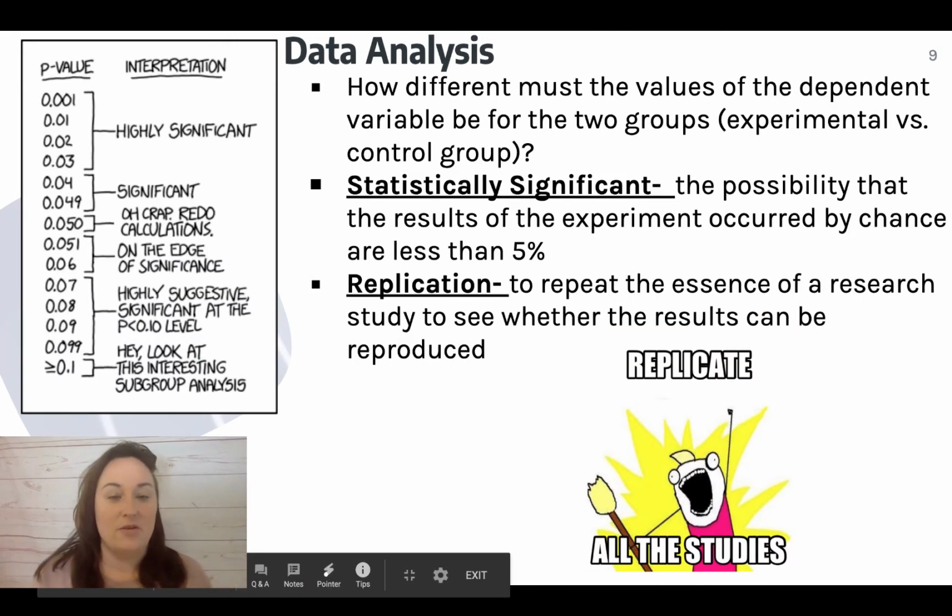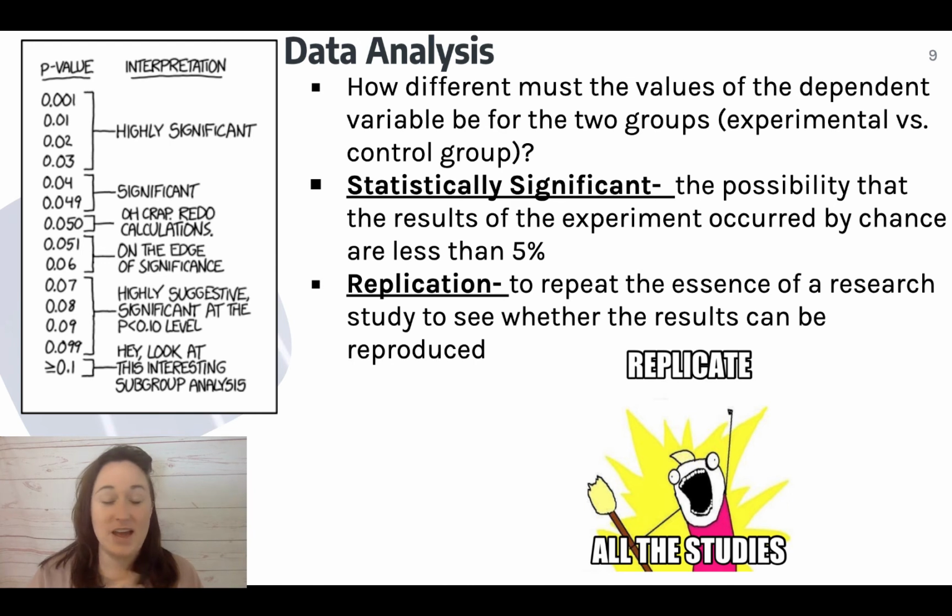So in looking at our data, we want to look at our results in any study that you see. If they say the results are statistically significant, this means that the possibility that the results of the experiment happened by chance is low. Like, the music did seem to cause better grades.